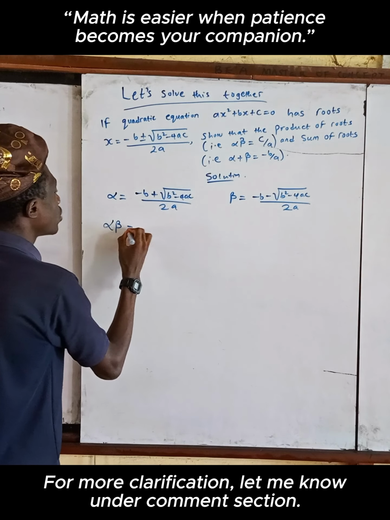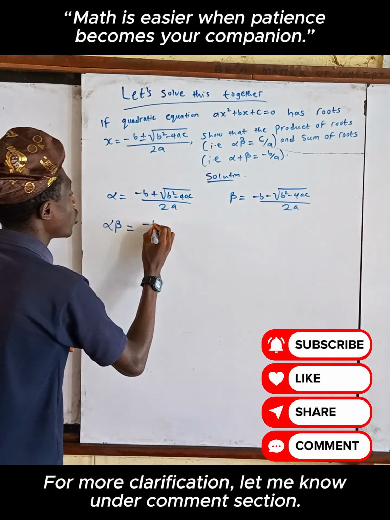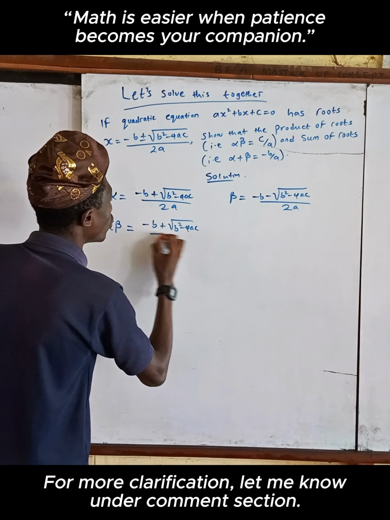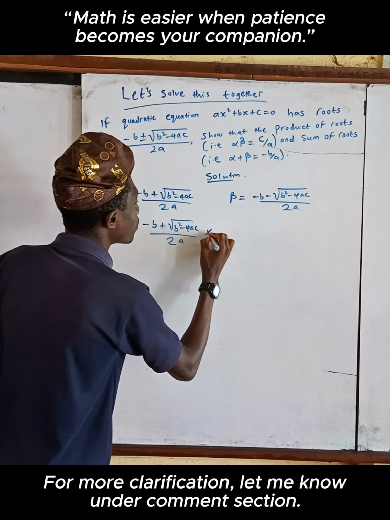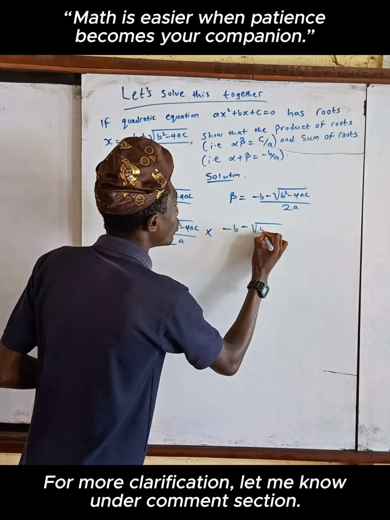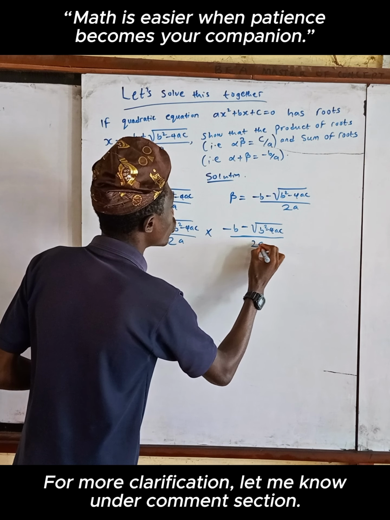So these are the two roots of this given expression using the completing the square method. The product of roots, what is it going to give us? We just multiply these roots together. So we have minus b plus square root of b squared minus 4ac over 2a, multiplied by minus b minus square root of b squared minus 4ac over 2a.